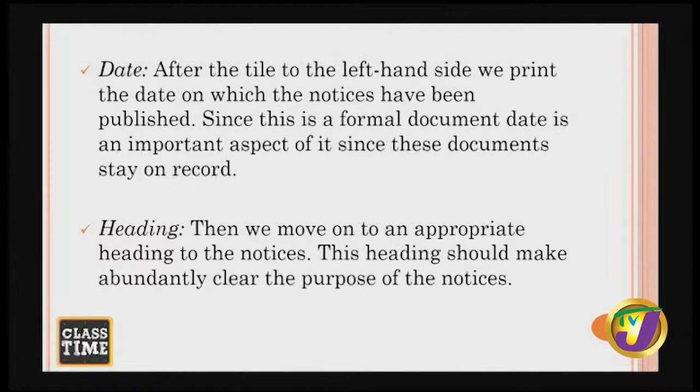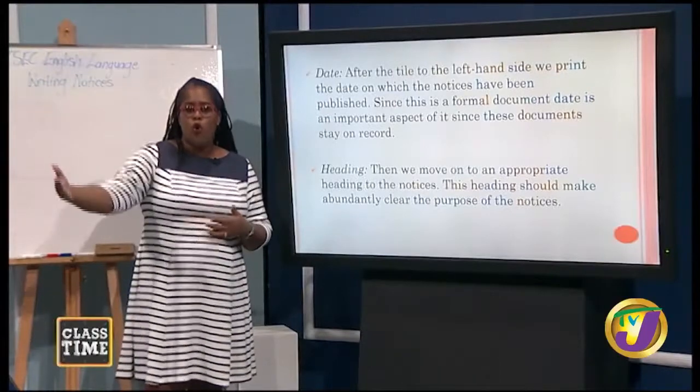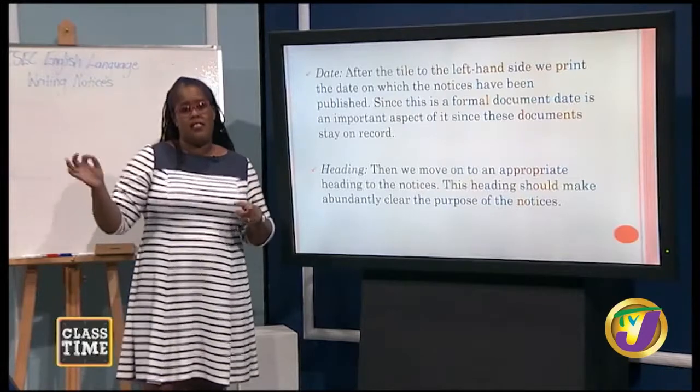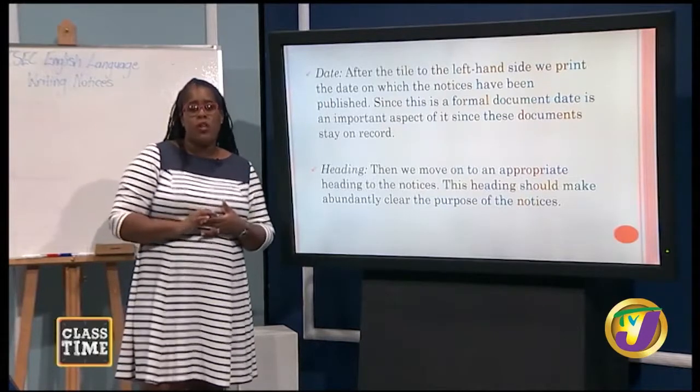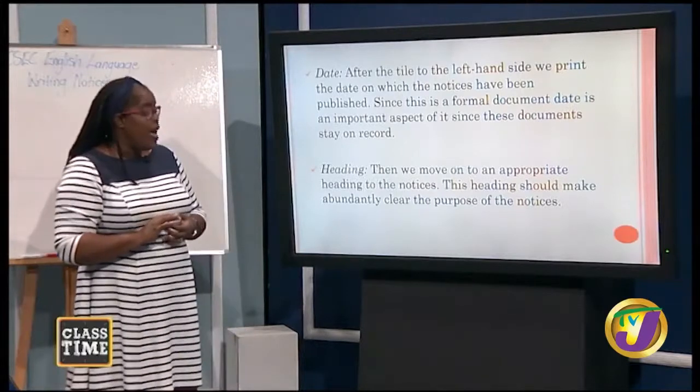Because remember, most of the documents that we have been looking at, the application letter, the resume, the letter of request, all of these documents are formal documents, and persons tend to place them on file, right? So when you have written the notice and you have placed the date there, then the person who goes on file to look will say, okay, the notice was published on this date, right? So it is very important if you are writing formal notices. Heading.